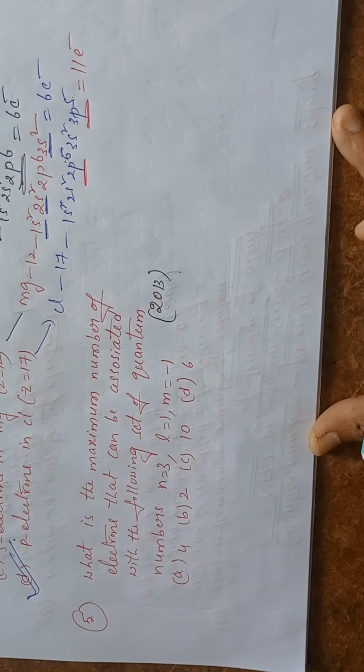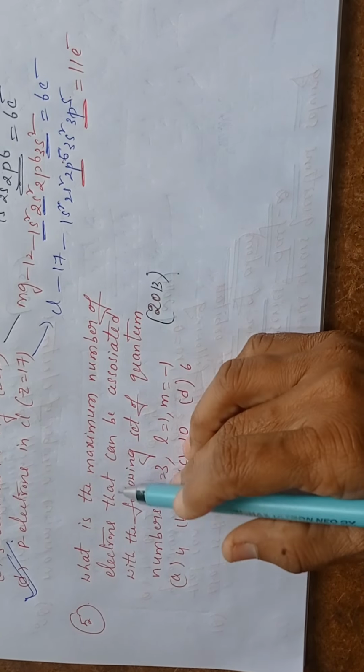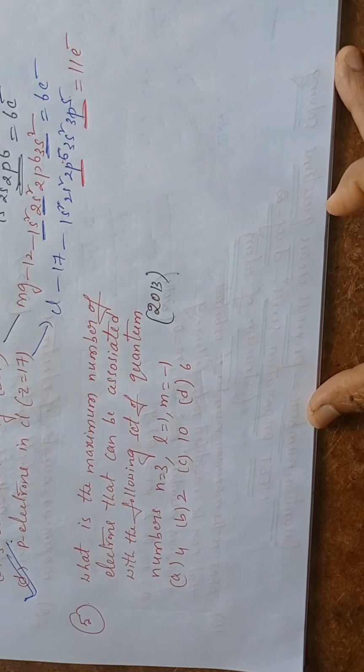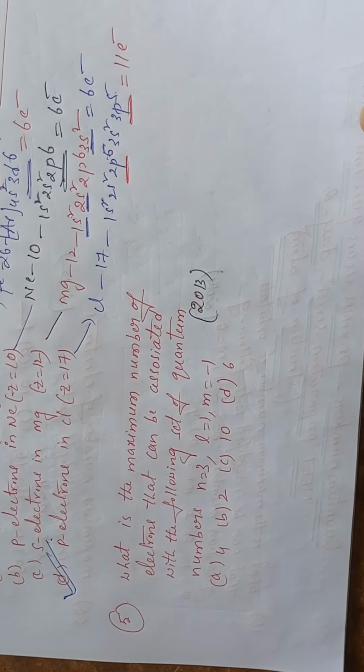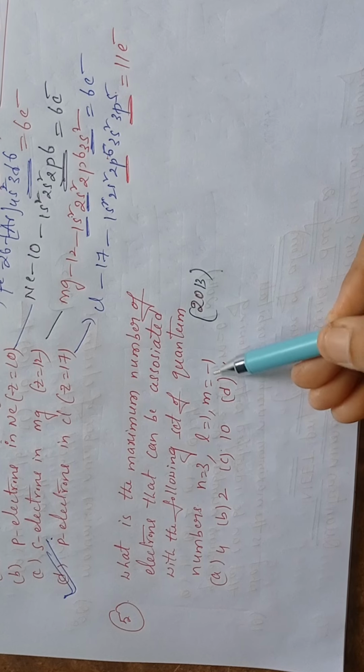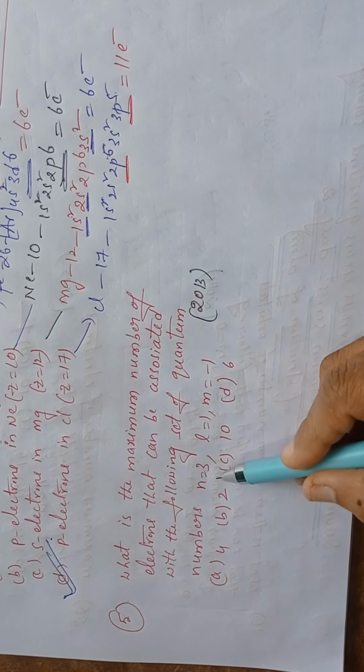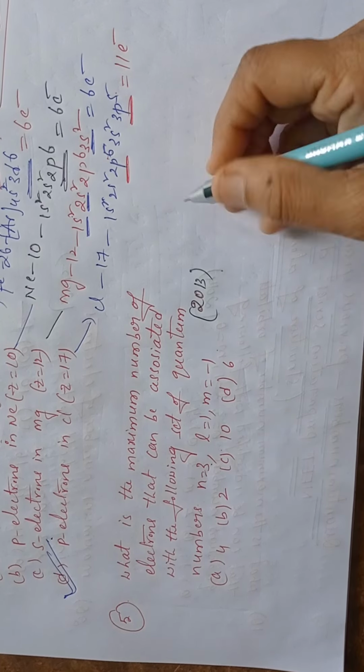Now see students, fifth question. What is the maximum number of electrons that can be associated with the following set of quantum numbers? n equal to 3, l equal to 1, m equal to -1. Now see students, n equal to 3 is nothing but which shell?